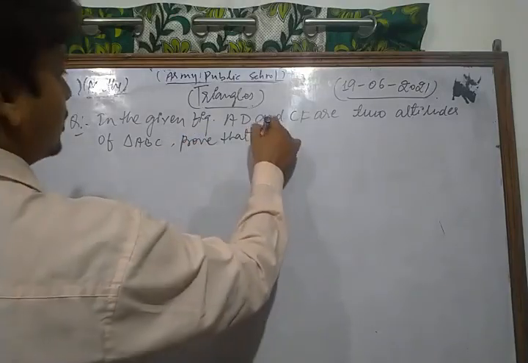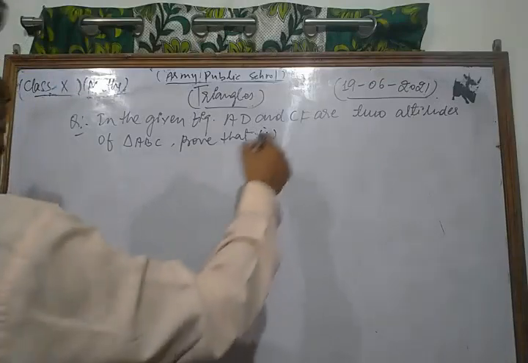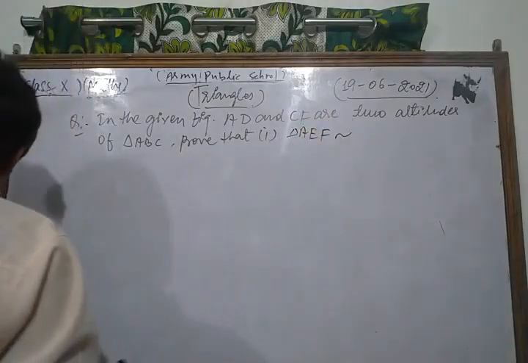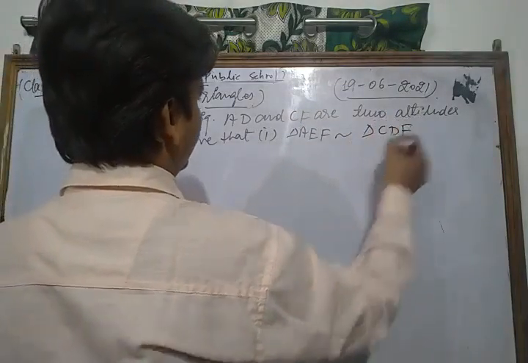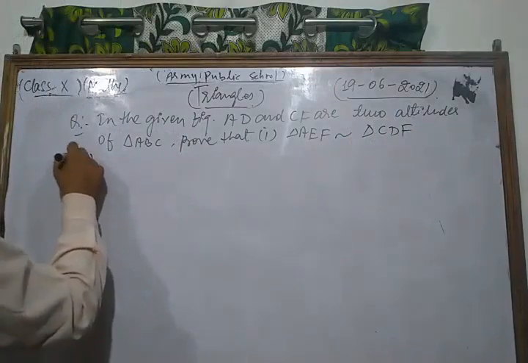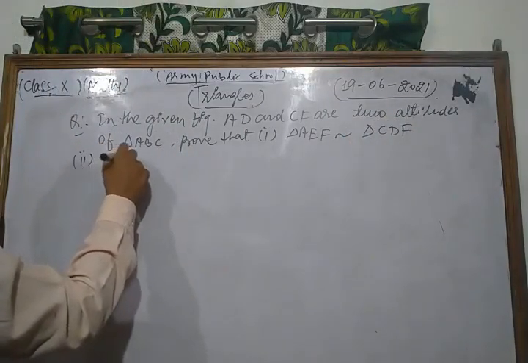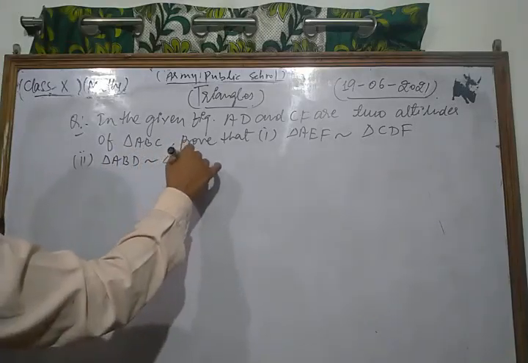First part, prove that triangle AEF is similar to triangle CDF. Second part is triangle ABD similar to triangle CBE.